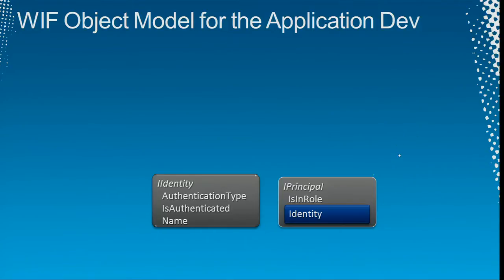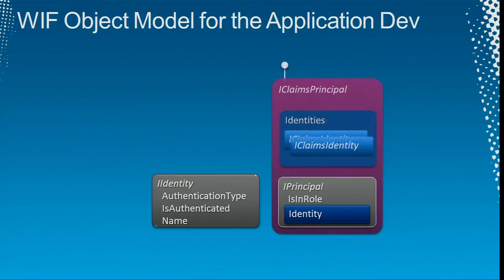So for solving these, guess what we did? Well, we did exactly what I'm telling you not to do. We derived from IPrincipal, but with the hope that this is the very last time that this has to happen. We derived from IPrincipal with this IClaimsPrincipal, which substantially has all the same things that you had before, and on top of that, it has also a set of claims, actually multiple sets of claims, although the vast majority of cases is just one.